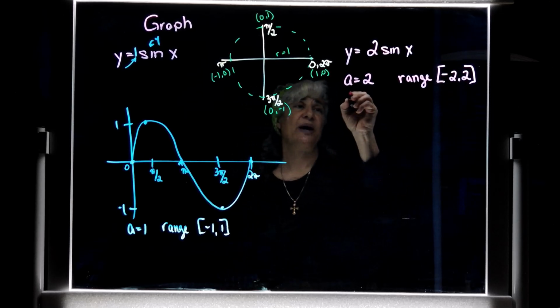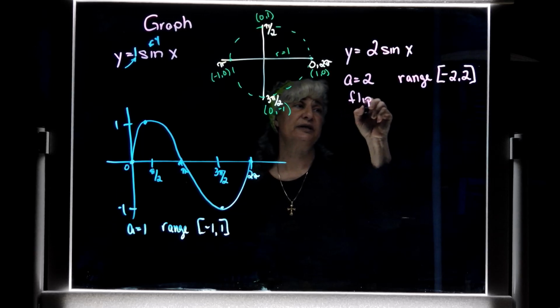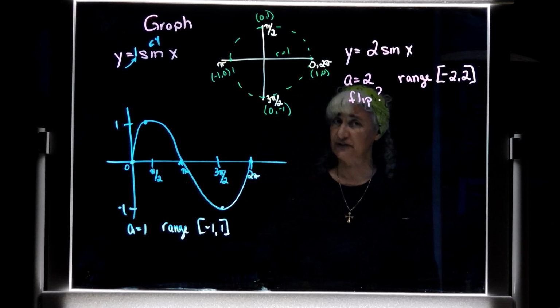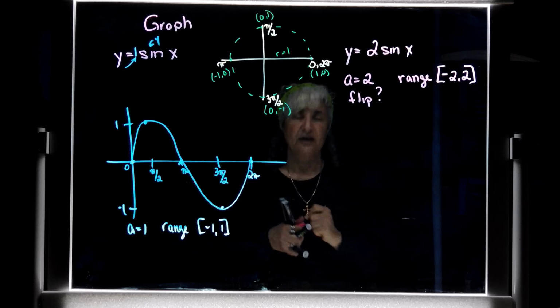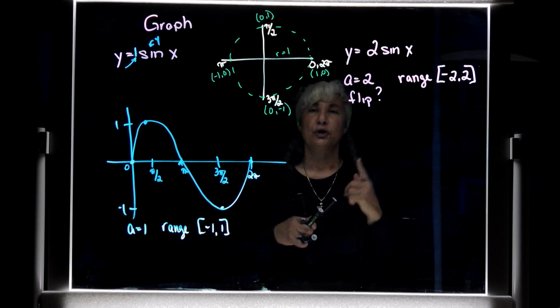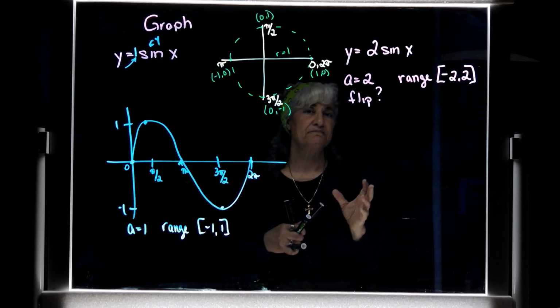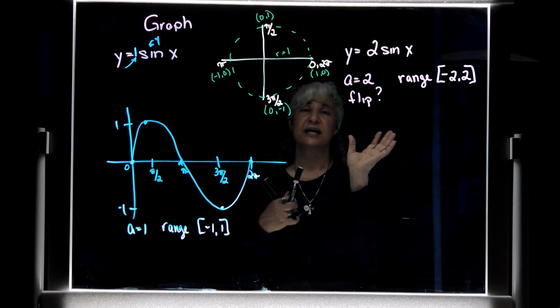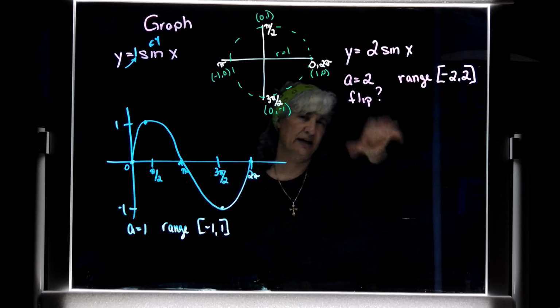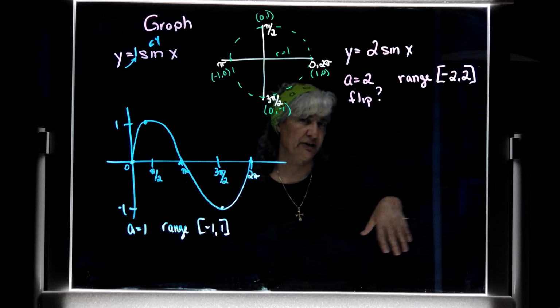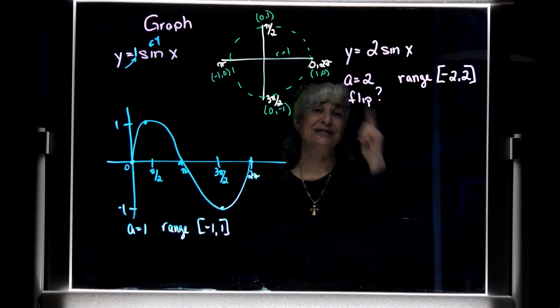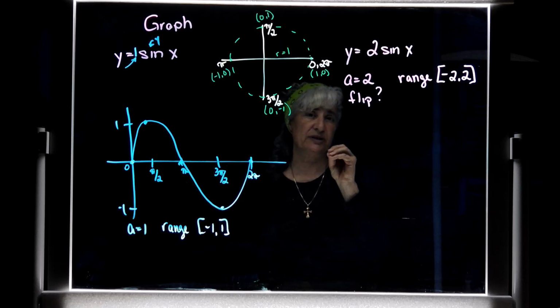And the other question you ask when you're finding the amplitude is if this thing is going to flip. How do I know if it flips? Remember the parabola, x squared? How did we know when the parabola actually went upside down? There was a negative in front of the x squared, wasn't there?